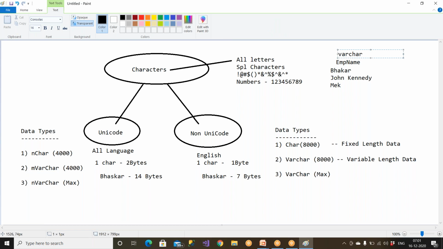Clear? With varchar you can store a maximum of 8,000 letters. Why 8,000? In yesterday's class we discussed that each page is 8 KB. That is fixed, so you can accommodate your data in that page itself at maximum. If you wanted to store more and more, you would have a lot of difficulties. If you have an item that is larger than one bedroom, it will be difficult.